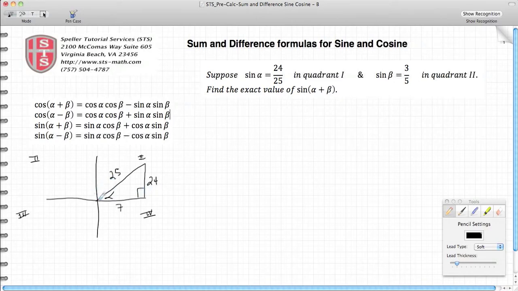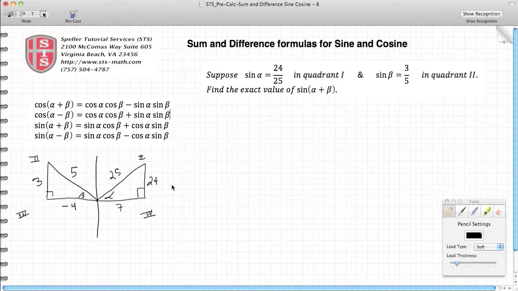And then in quadrant 2 we have angle beta, and we're taking the sine of beta, so the sine is opposite, which is 3, and the hypotenuse is 5, and down here is a -4 because we're in the second quadrant. And again, this here is one of the special triples.